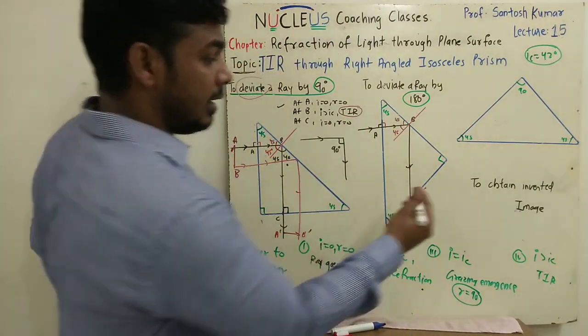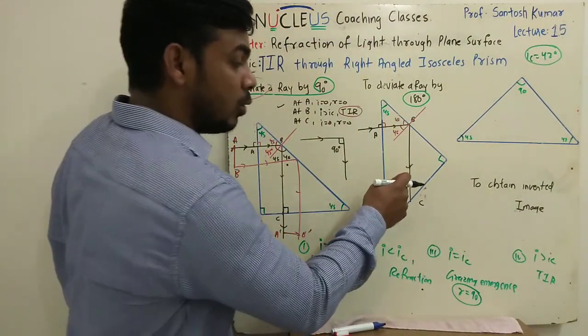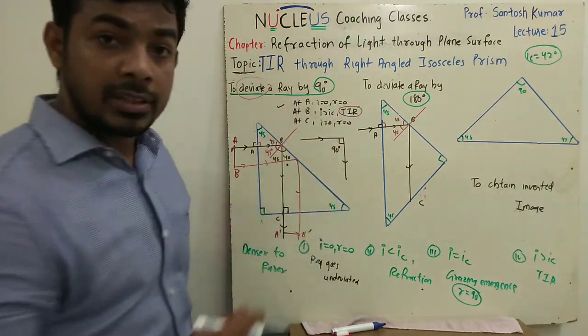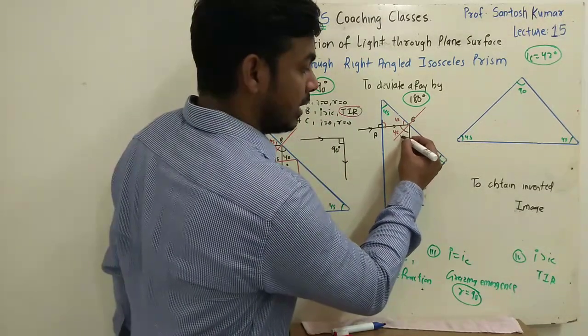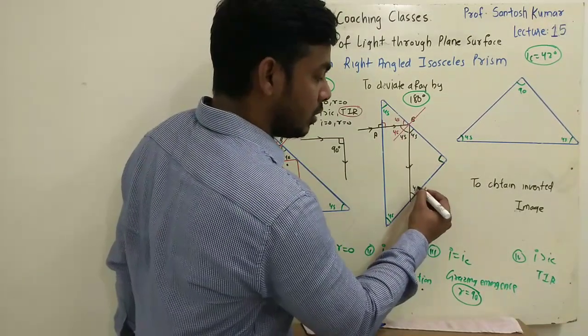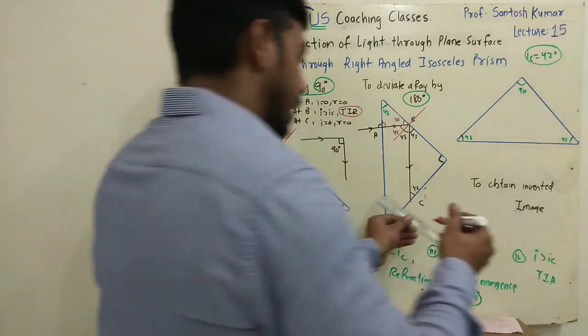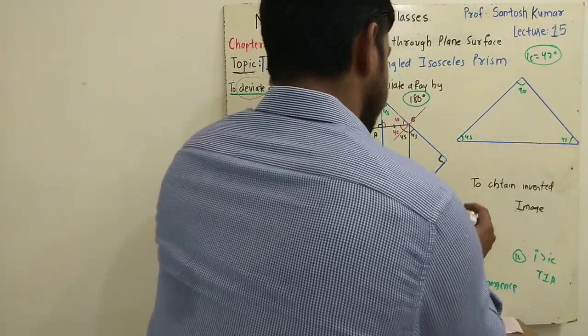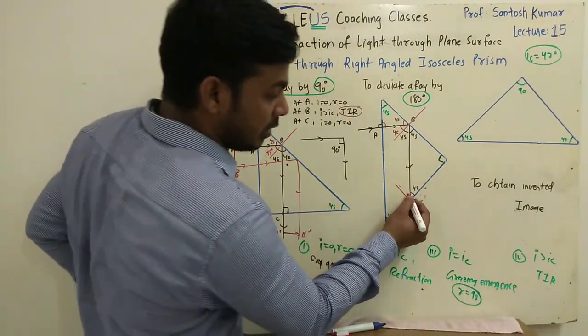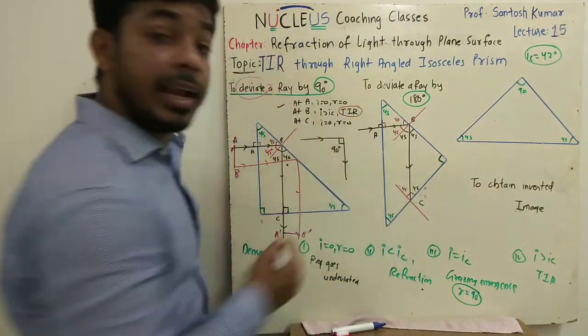So the ray will get reflected by 45 degree and hit the surface. Now again at C, it is trying to go from denser to rarer. This is 45, this is 45, this is 90, so this has to be 45. If I draw the normal on this surface, the angle of incidence will again be 45 degree.